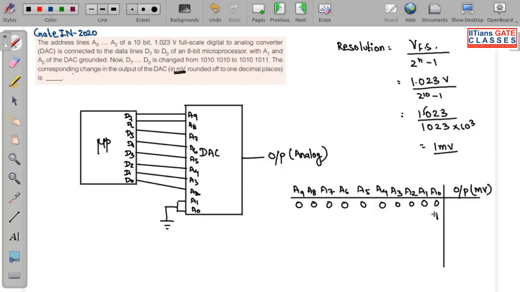Okay, the next term in the count should have been 1 0 0 0 0 0 0 0 0 0, but this 1 will never occur. Why? Because it is given A1 A0 is always grounded, so this will remain ground. Okay, so the next transition will always occur when A2 changes to 1.